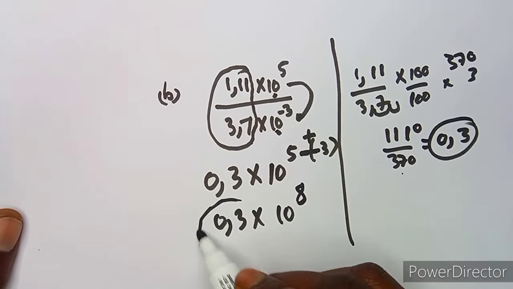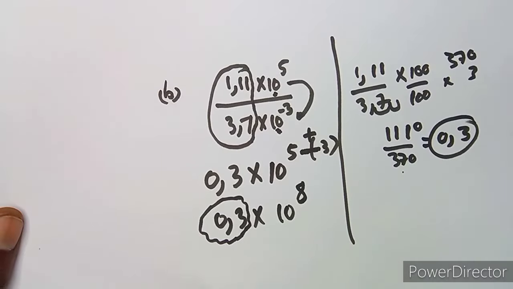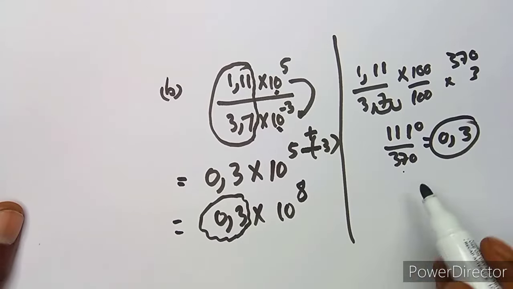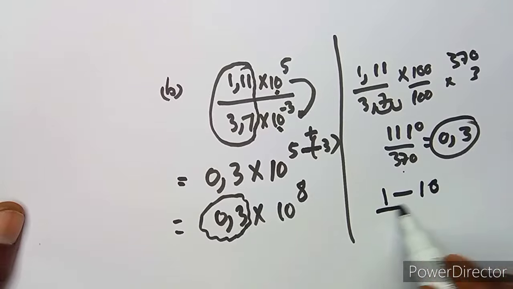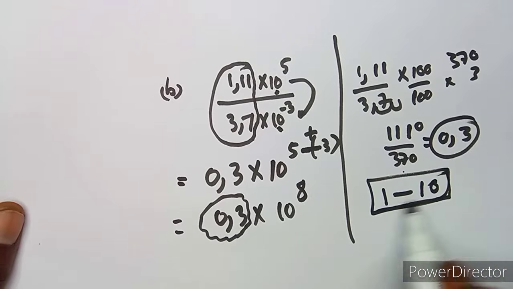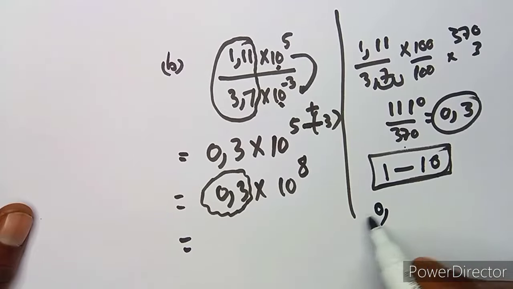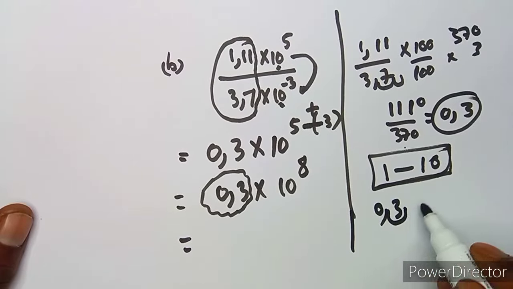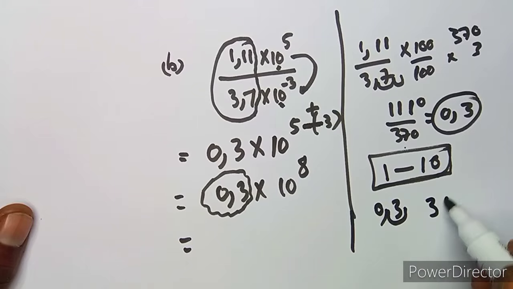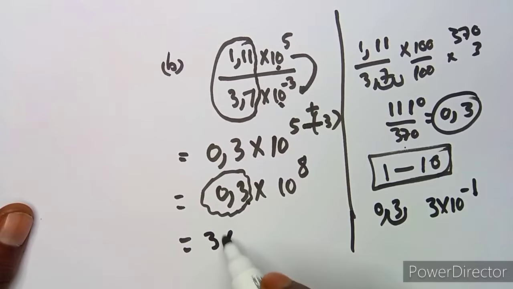But this number is not in standard form. Why? Because of this 0.3, which is less than the range that you're given, because the numbers are supposed to be in between these two. So we have to convert this to standard form, and 0.3 simply means we move the comma one place to the right, which is 3 times 10 to the exponent of negative 1.